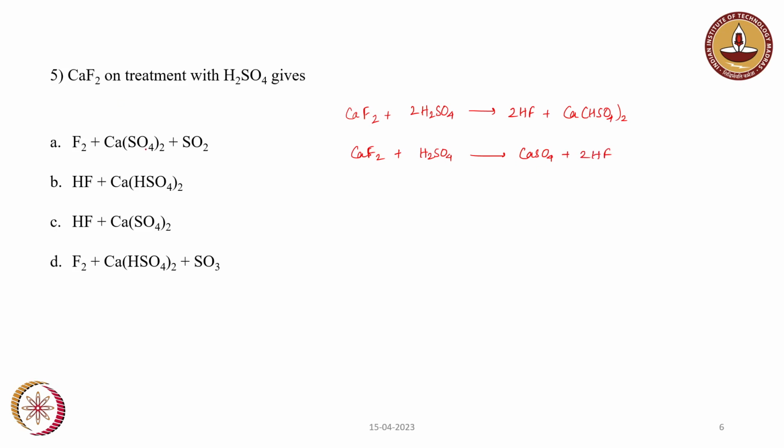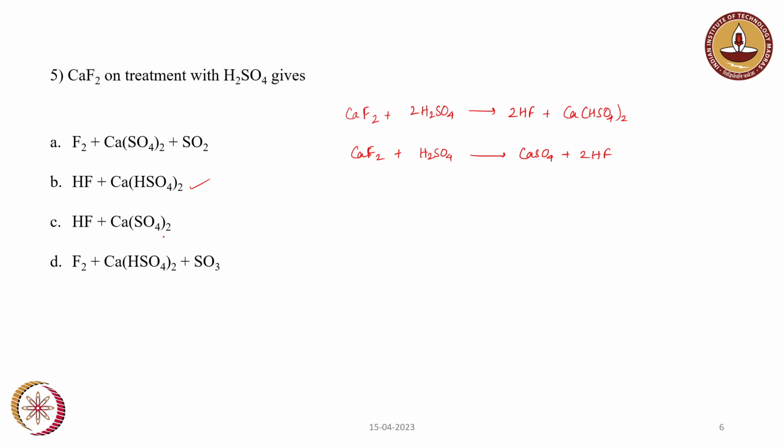So in the options, we can see that Ca(HSO4)2 and HF is found. So option B is the answer. Here CaSO4 and 2HF is present in the second reaction. So in the given options, there is no CaSO4, only Ca(HSO4)2 is given.